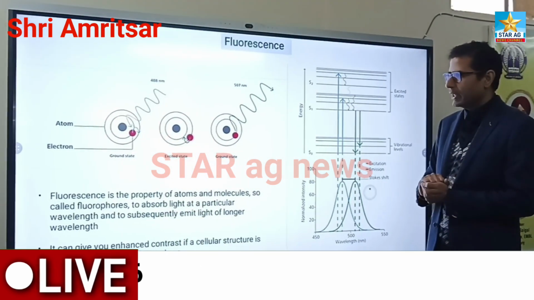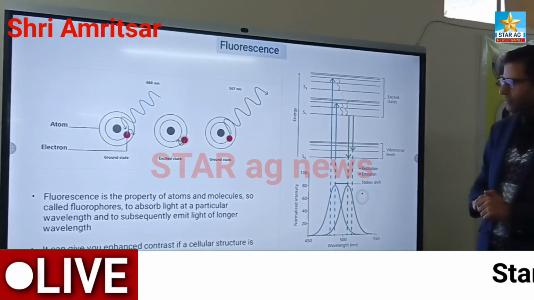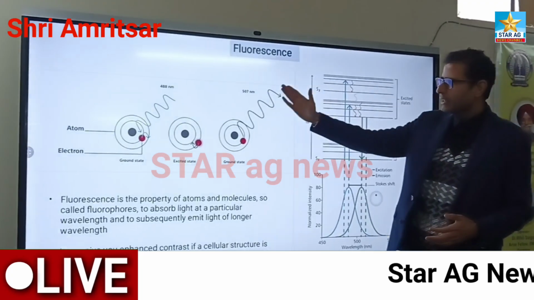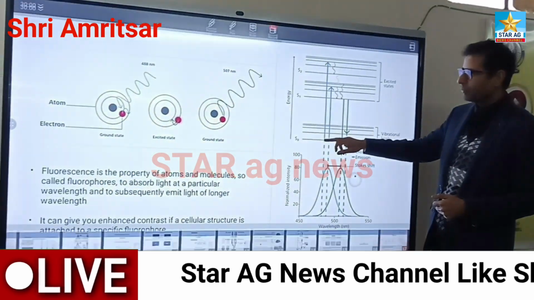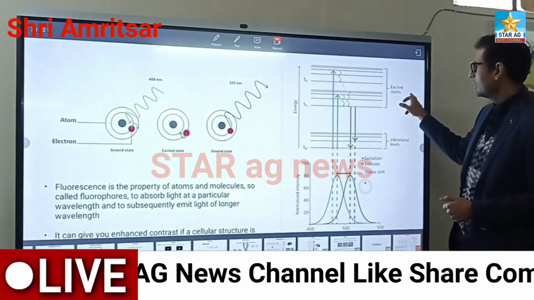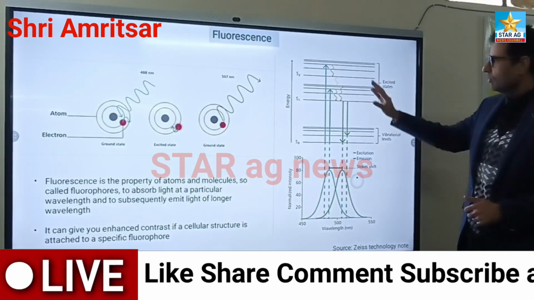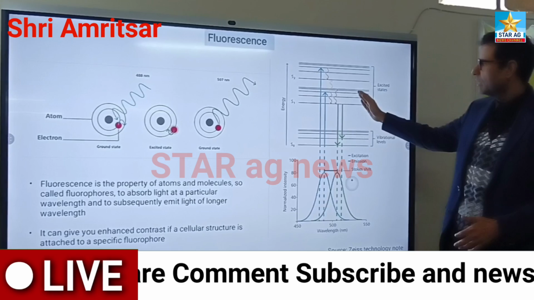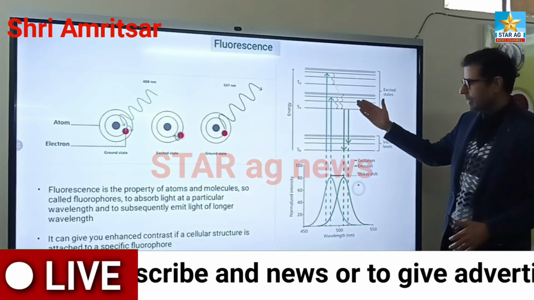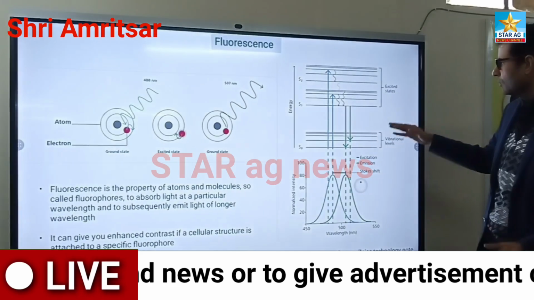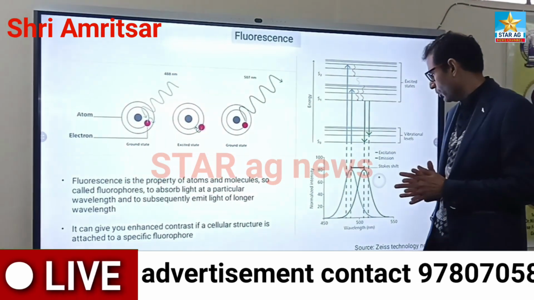It is also possible to understand this process in the form of an energy diagram, where the different states of the electron are described by different levels. The process of exciting the atom is shown as the electron going from the ground state to an excited state. As you can see, the electron first relaxes via some vibrational excitations, and then it goes from the excited state back to the ground state, and in this process it emits energy in the form of fluorescence.